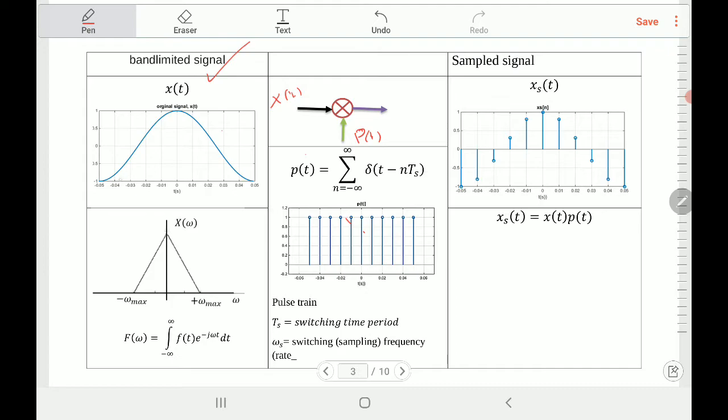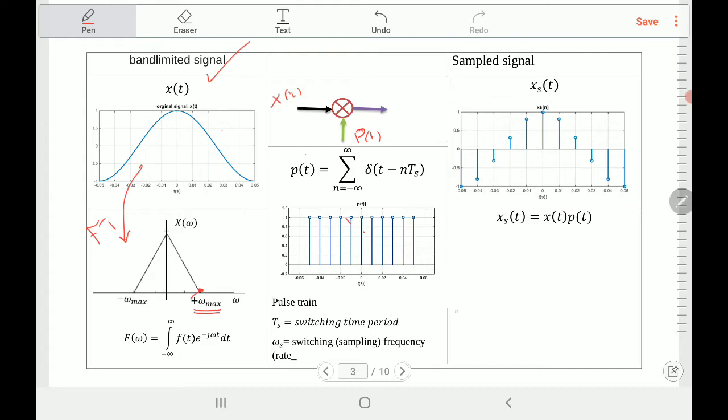It means if you do the Fourier transform on this signal to find the spectrum of this signal, you will find it's limited by the upper frequency omega max. It does not exceed it. After omega max, you will not find other components with frequencies higher than that frequency. So it's limited.